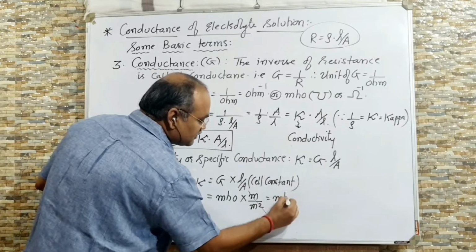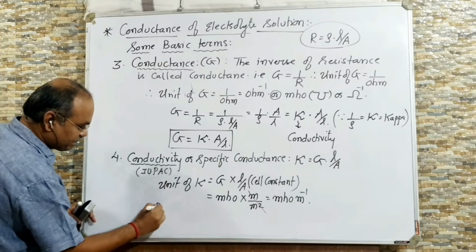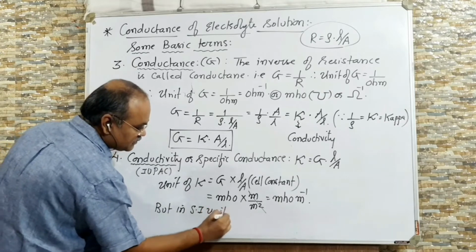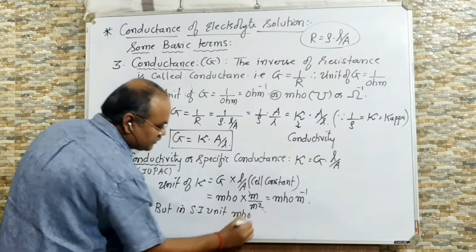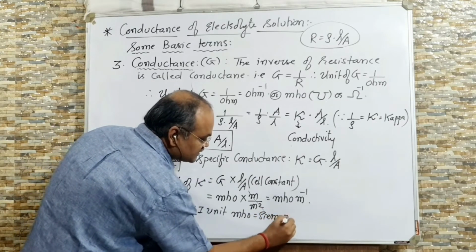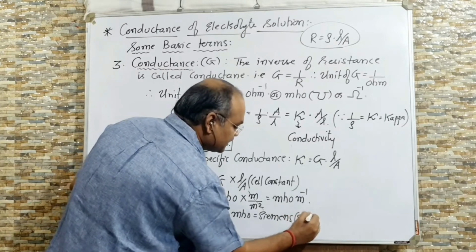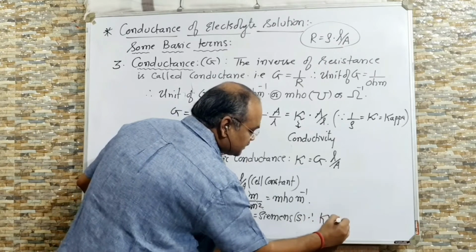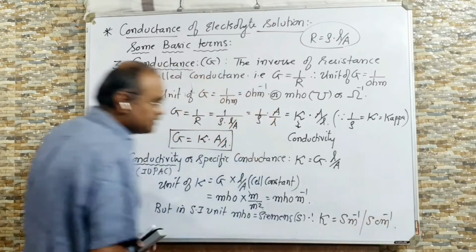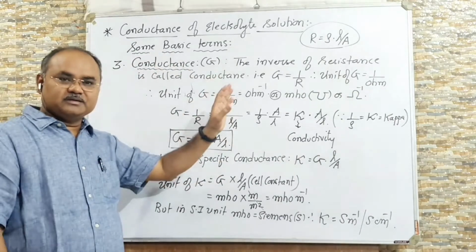So it will be mho per meter. But in SI unit, mho is nothing but Siemens, S, capital S. Therefore, unit of kappa is equal to Siemens per meter, or you can use Siemens per centimeter. So these are the 4 basic terms which you have to remember. You will study this in physics also.